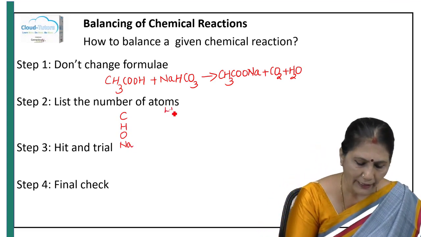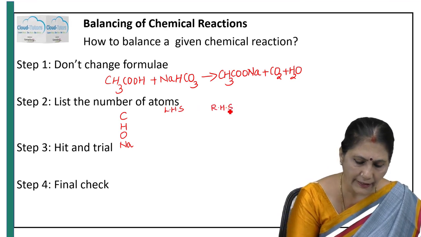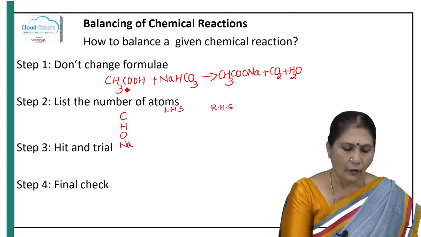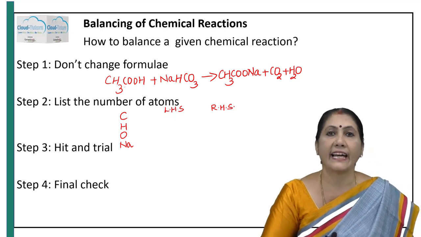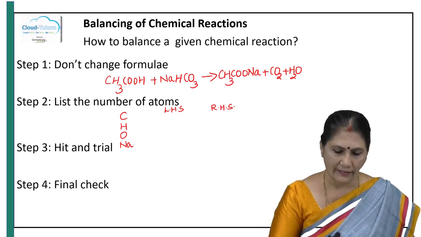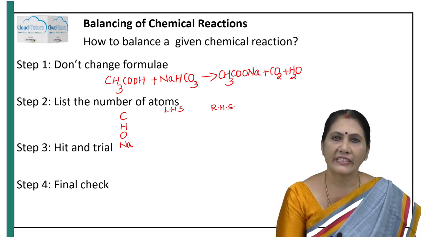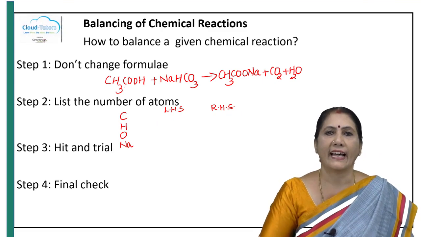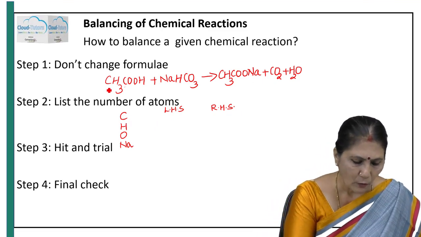Now you have to write LHS and then RHS. The reactant side is always referred to as LHS, the left hand side of the chemical reaction, whereas the product side is always referred to as RHS, the right hand side.